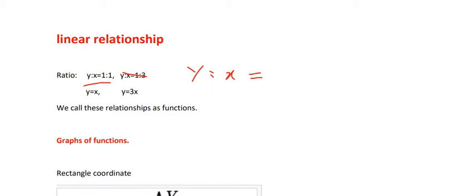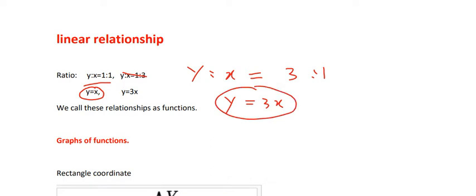So if you make $1, I make $3, right? We write this relationship as y equals 3x. If you make 1, I make 3. If you make 2, I make 6, right? So y is 3 times x.